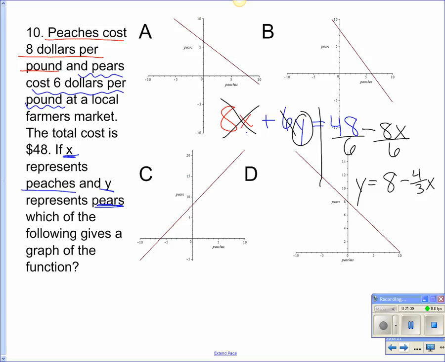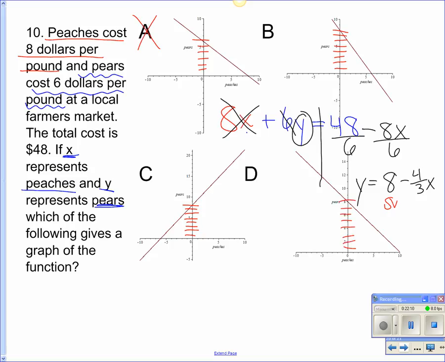Okay, guys, I know these are really hard to see, but which one of these is our starting value? 8. So this is 1, 2, 3, 4, 5, 6, 7, 8.